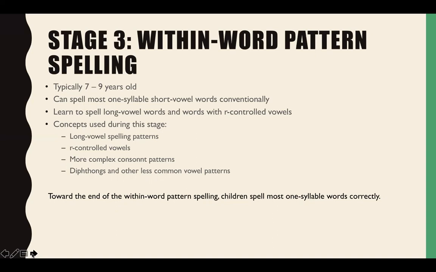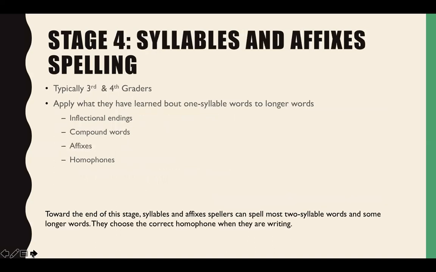Concepts used are long vowel spelling patterns, R-controlled vowels, more complex consonant patterns, diphthongs, and other less common vowel patterns. Towards the end of the within word pattern spelling, children spell most one-syllable words correctly. So remember, this is around grade 3 or 3rd grade.